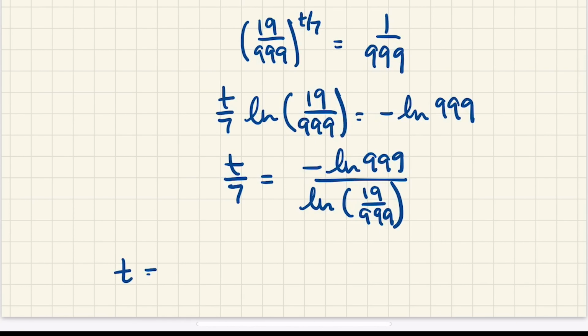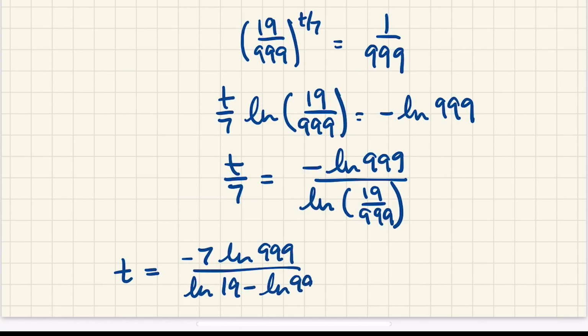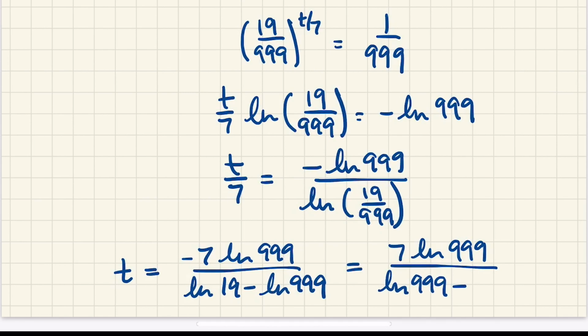So t is equal to negative 7 ln of 999 over ln of all that. You can even write it as like ln of 19 minus ln of 999 if you want. And in fact, we can clean that up a tiny bit. There's a whole bunch of ways that you can write expressions that have a bunch of logs in them, as you know.